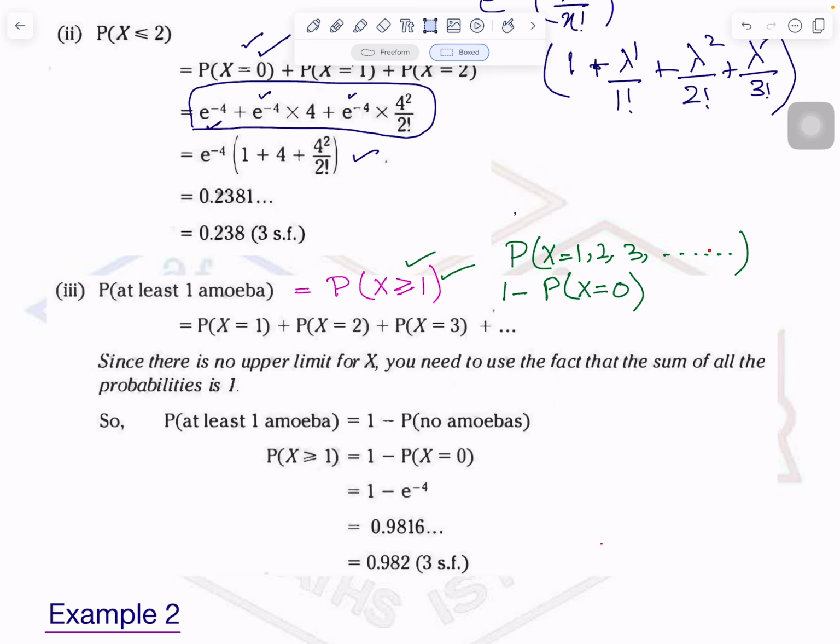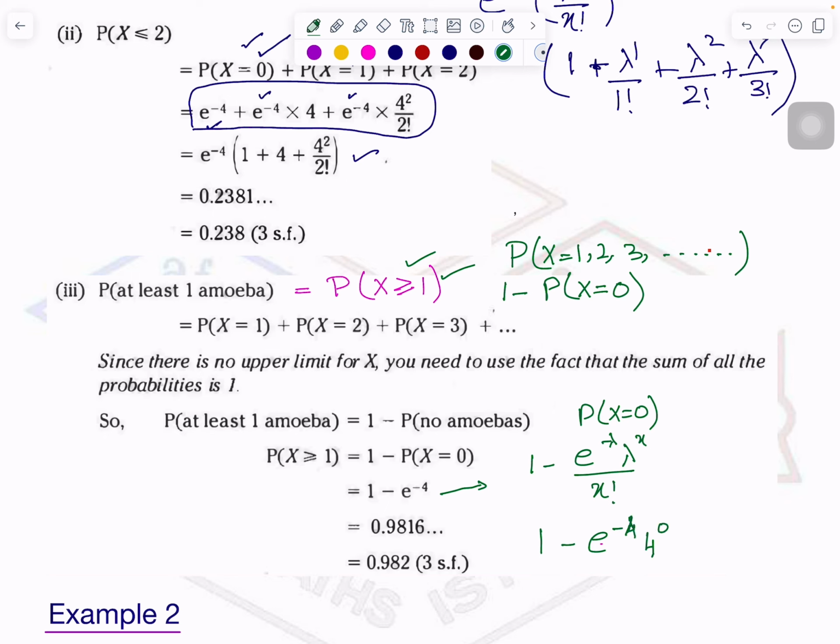Now, if somebody is confused about this formula, let's see here. 1 minus e power minus lambda, lambda power x over x factorial, right? And it is x equals 0. And what is your lambda? 4. It was the same. For 10 ml, it was 4. 1 minus e power minus 4, 4 power 0 over 0 factorial.